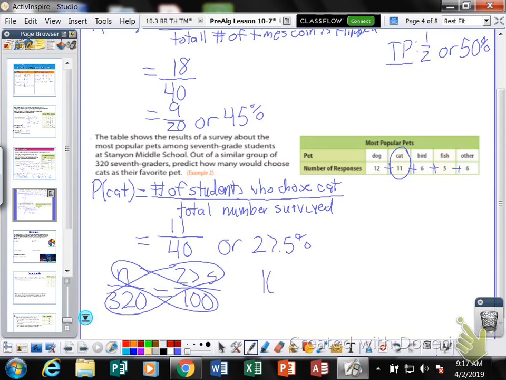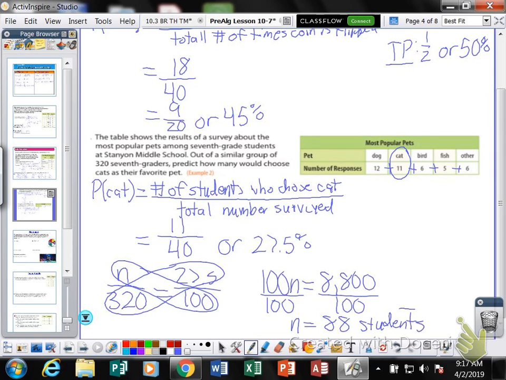So we get 100n is equal to 8,800. Divide by 100 on both sides. We get n equals 88 students. So that tells me that out of 320 7th graders, 88 would choose cat as their favorite pet.